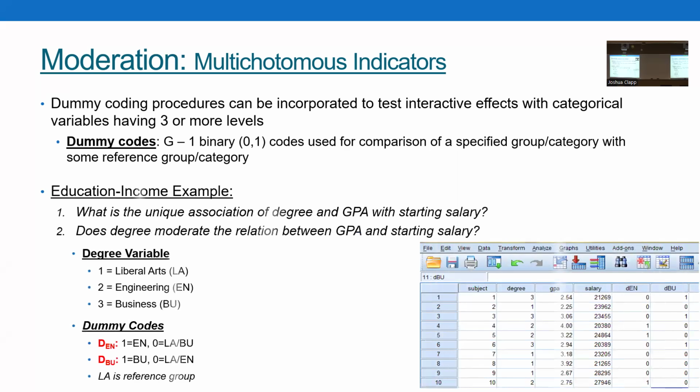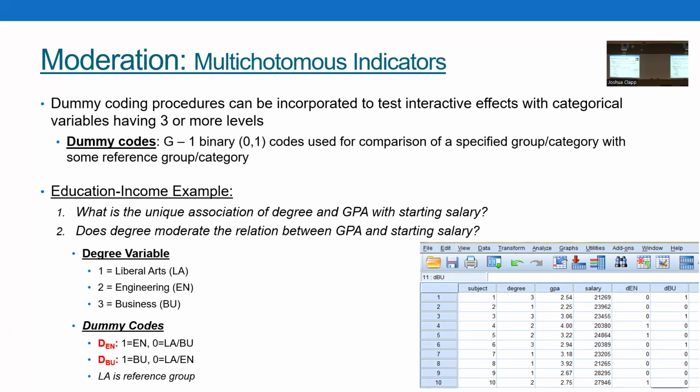Again, from Aiken and West, there's a really slick example. They set up this example where we're interested in the unique association of degree and GPA with starting salary.